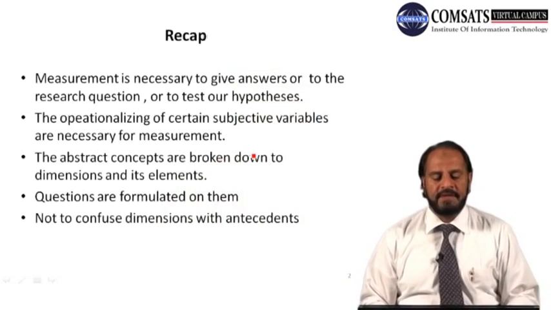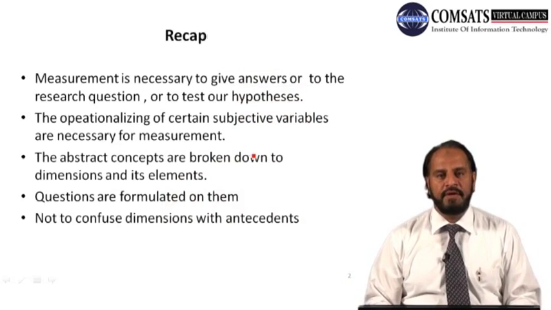This is lecture number 10. We're going to talk today specifically about scales for measuring the different variables. Last session we talked about why we need to measure, and we said that there are certain variables for which we can easily measure the responses, but for certain variables it's difficult to measure, and for that we need to operationalize those kinds of variables.